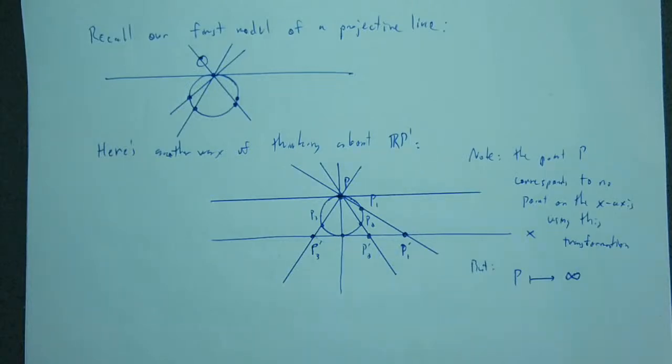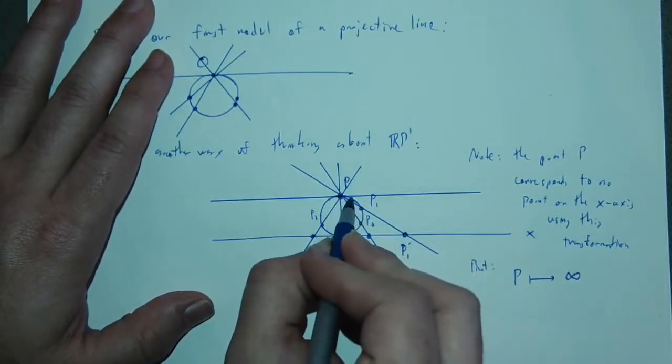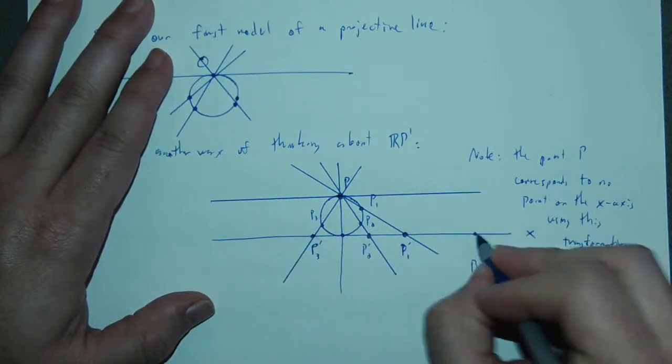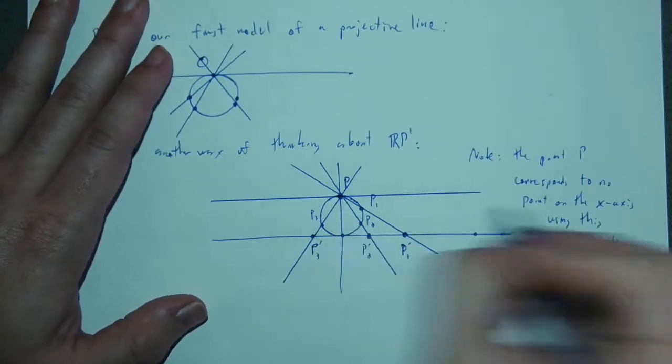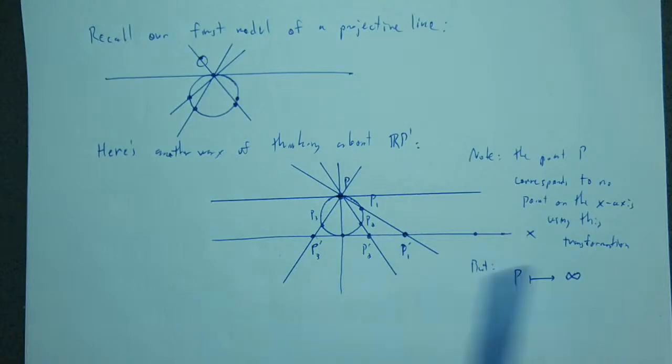And so if we set up this mapping to take us to a point on the x-axis, of course, as these points get closer and closer to this north pole, as they get closer and closer to P, these lines are getting further and further out along the x-axis. But as those points limit to P, the line is actually parallel to the x-axis, so they meet only at infinity.